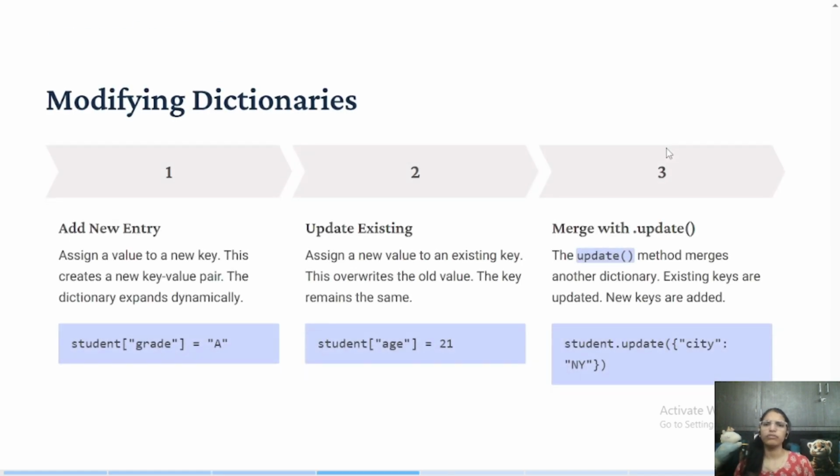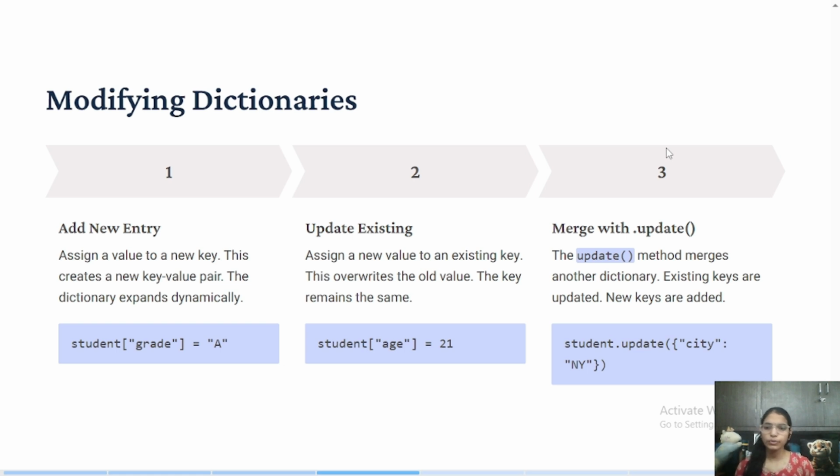And coming to modifying dictionaries, mutability. Dictionaries in Python are mutable, as you all know, which means that you can add new entries or update the existing ones dynamically. A key feature that makes dictionaries flexible and practical is this mutability.